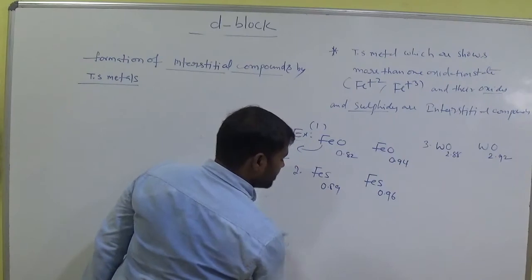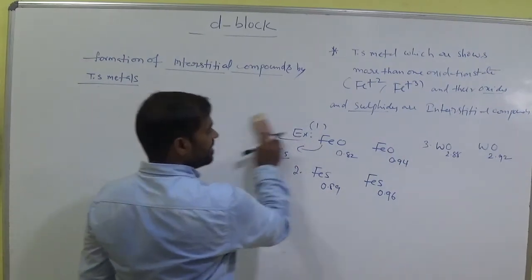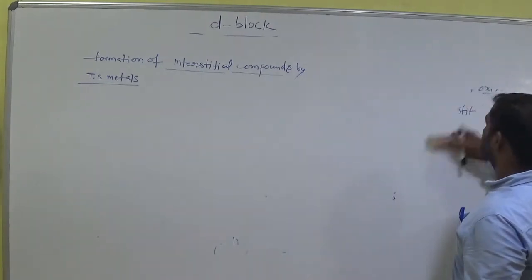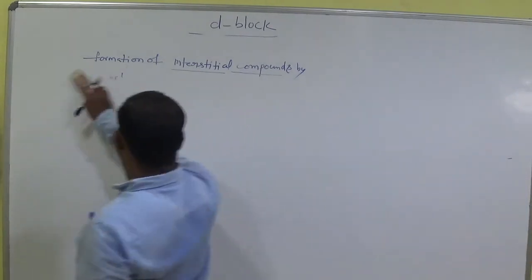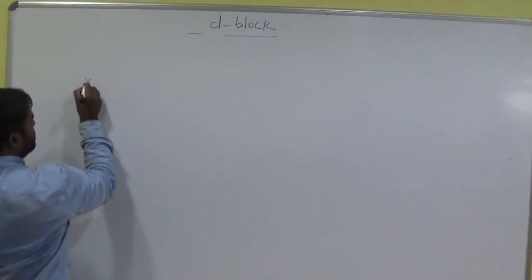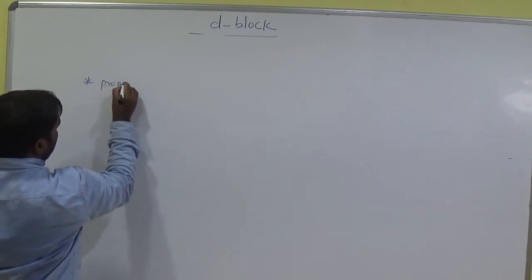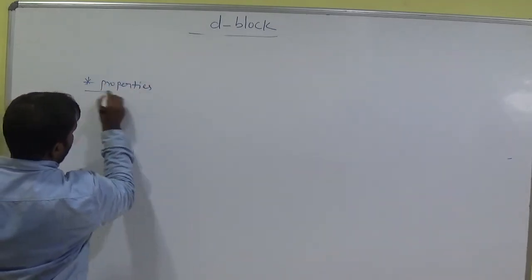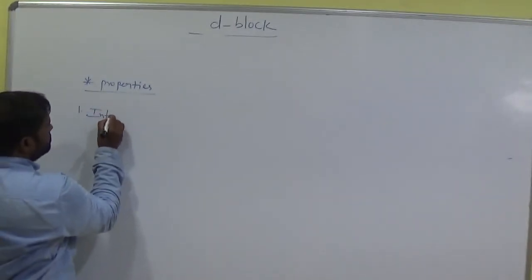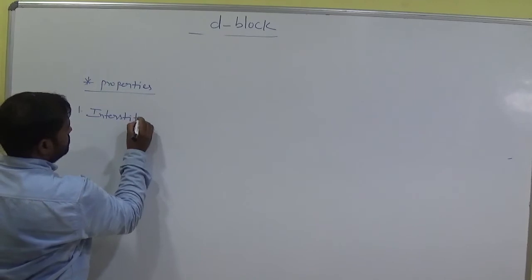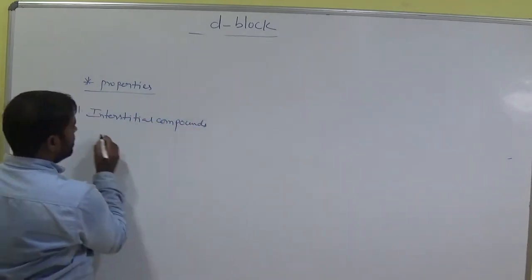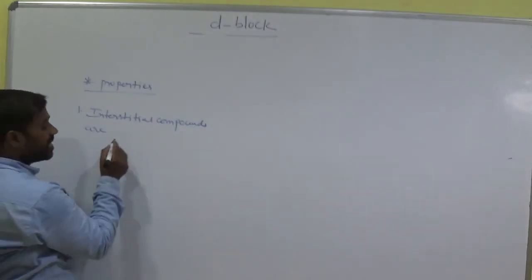And let's see the properties of interstitial compounds. What are the important properties? Properties. Interstitial compounds are chemically inert.